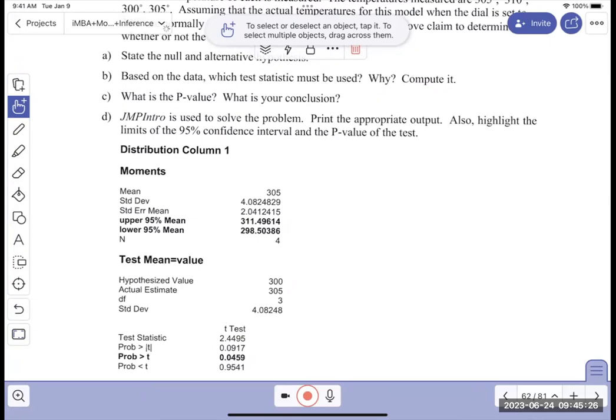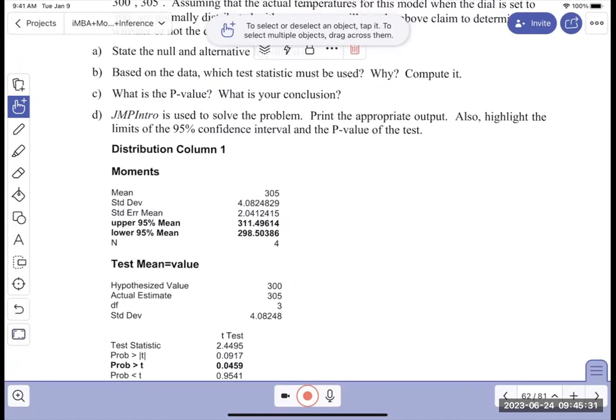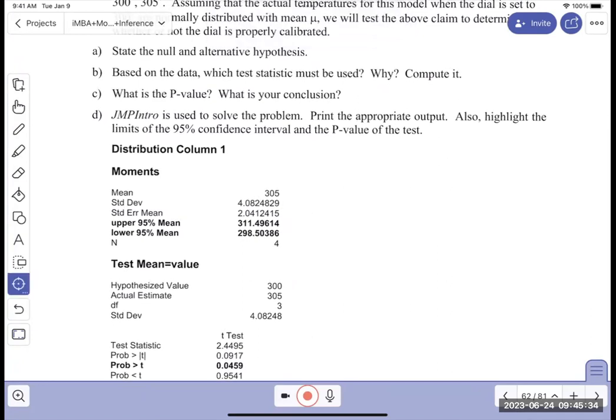I won't read the problem. Let's just look at the output and see, is the test significant? Can we just derive that from just staring at the output? I'll give you a second to look at that and then I'll answer my own question.